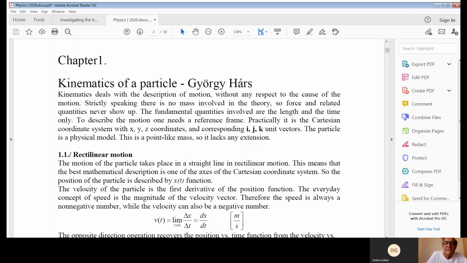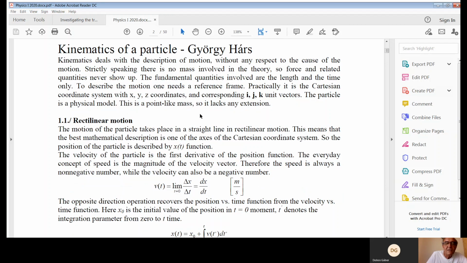And these two will describe the position of the particle, and the related quantities will be derived from these parameters, but we are not going to make any further physical conclusions of this.